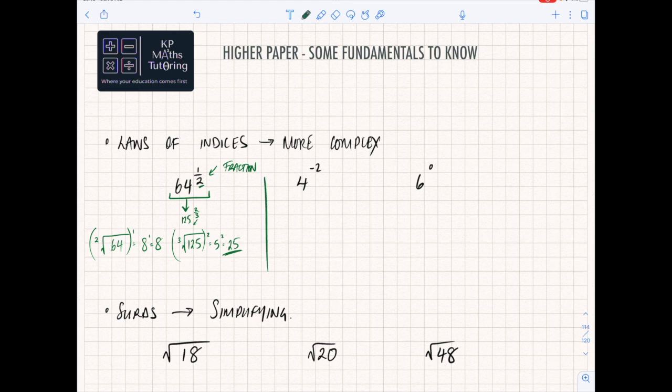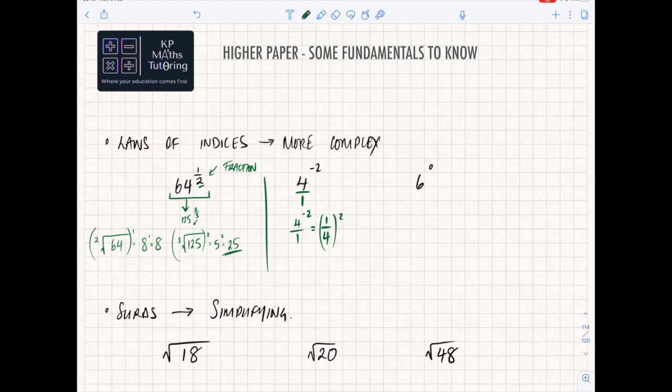Let's look at what happens with a negative. We've got 4 to the power of -2 in this question. You can think about it like this: 4 could actually be written as 4 over 1. So we've got 4 over 1 to the power of -2. Now to remove the negative part, we do the inverse. You flip it upside down, so it becomes 1 over 4, and we're squaring that.